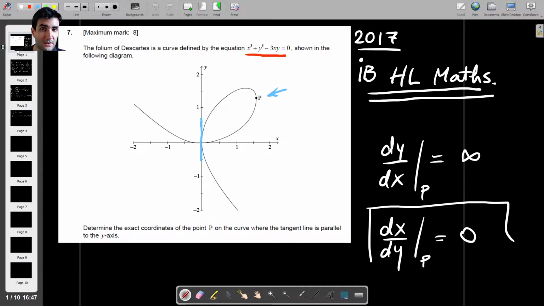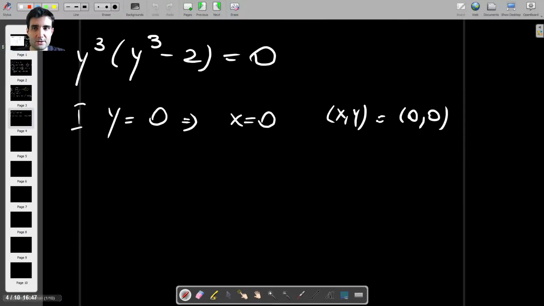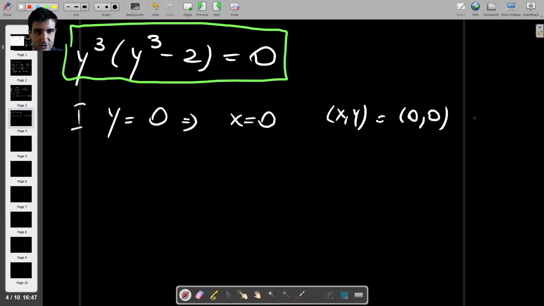We're looking for another place on this curve where the tangent to the curve is parallel to the y-axis, and the only other point is here. In other words, we're looking for the second solution of this equation. If this is not the solution we're looking for, although it's a fine solution, then the only other thing is y cubed minus 2 equals 0.